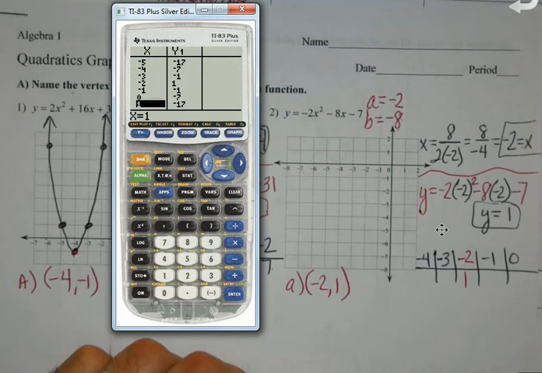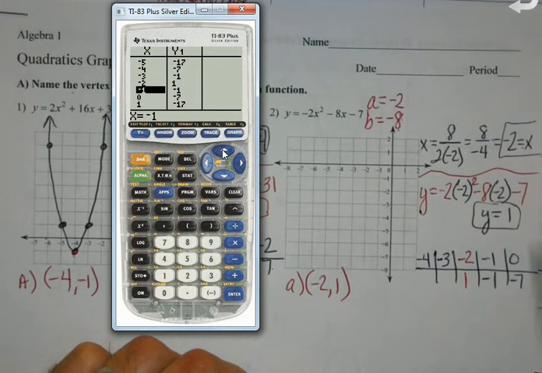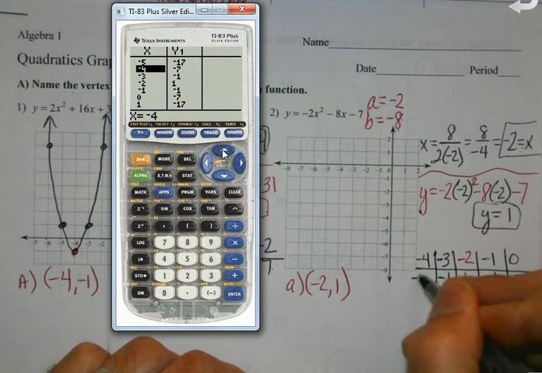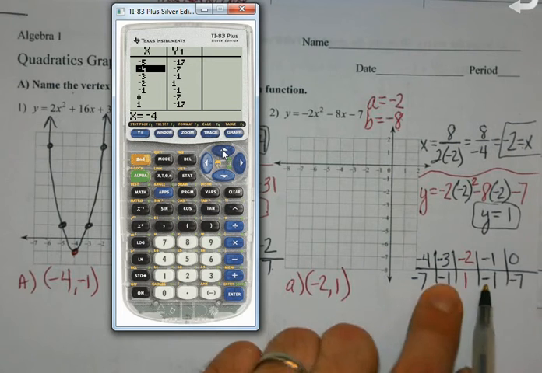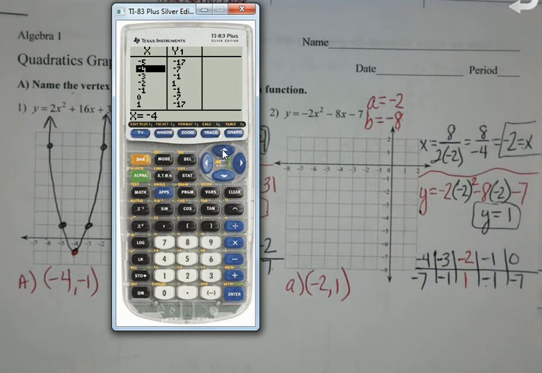Now I'm just going to start jotting them in. So 0 is -7. -1 is -1. I've already got my vertex. And again, I know I've done it right when I fill in my chart and I see the same numbers as I work my way out.